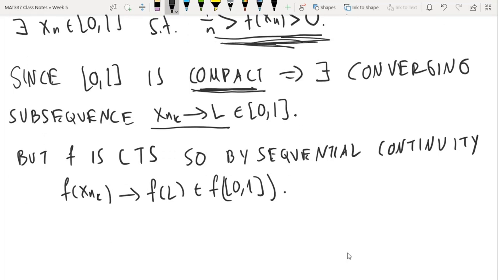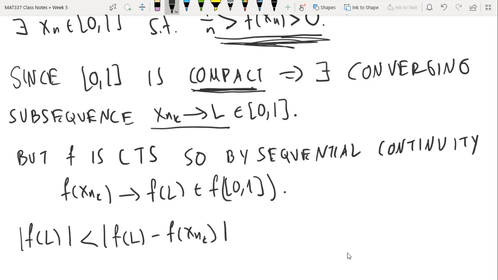It tells us that the absolute value of f of L is less than or equal to the absolute value of f of L minus f of x n k, plus f of x n k.